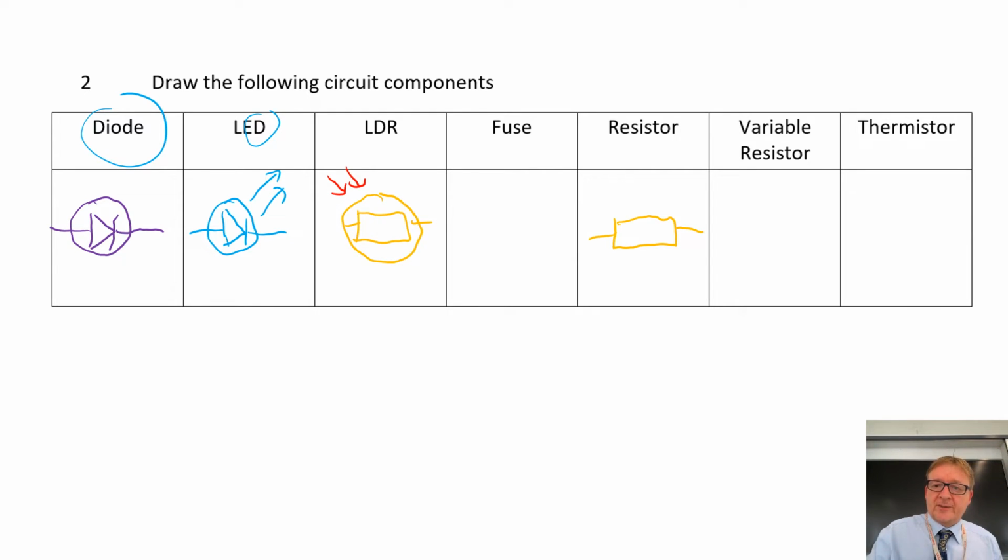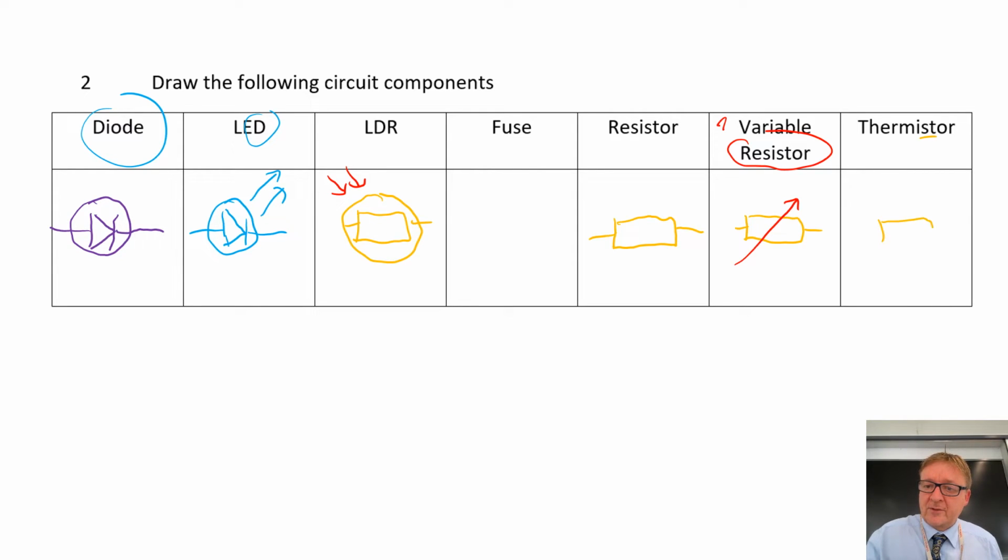A variable resistor, I'm going to do this one now. Again, it's got the name resistor in it, so I know there is going to be a resistor in it. This time, the variable resistor shows like that. A thermistor sounds like resistor again, and it is.